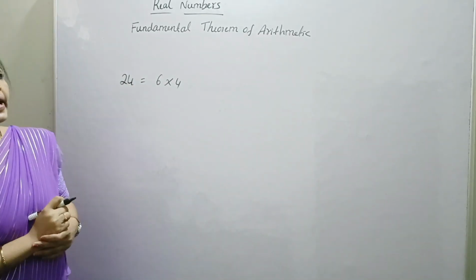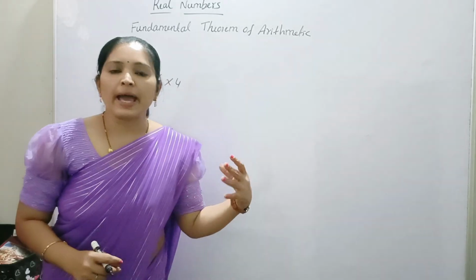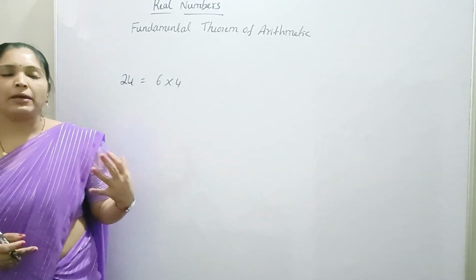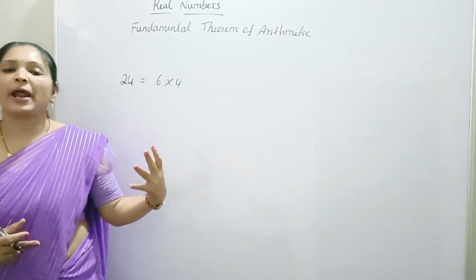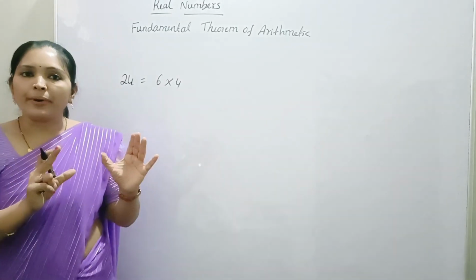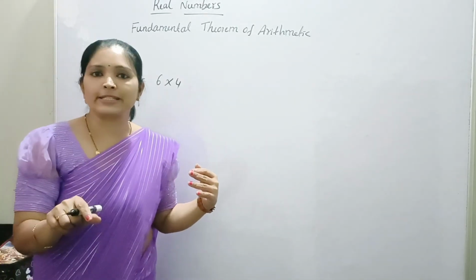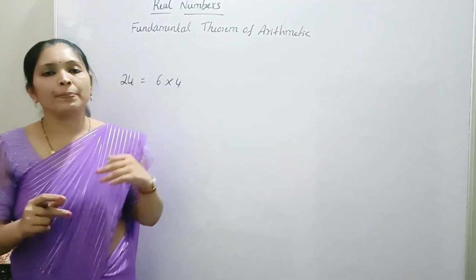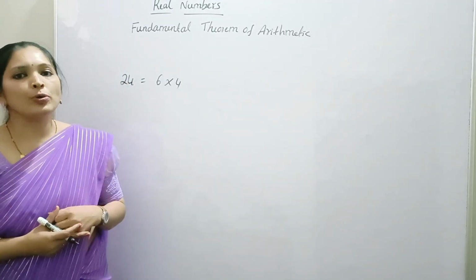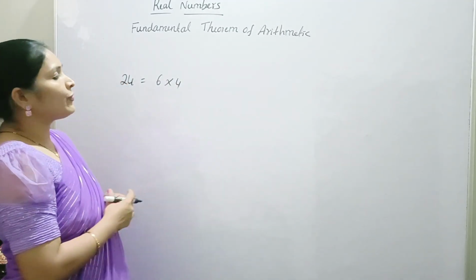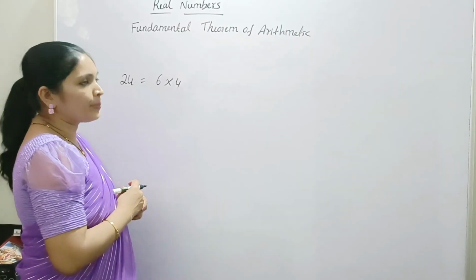Next is prime numbers and composite numbers. What is a prime number? If a number has no factors other than 1 and itself, then the number is called a prime number. Otherwise it is a composite number. Let's take examples for prime numbers.